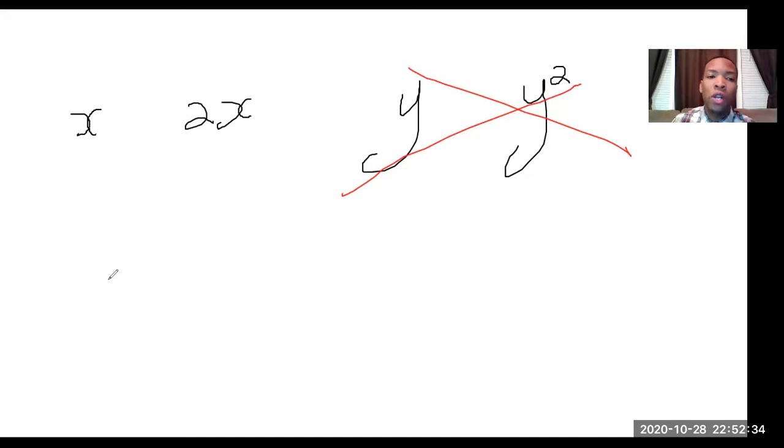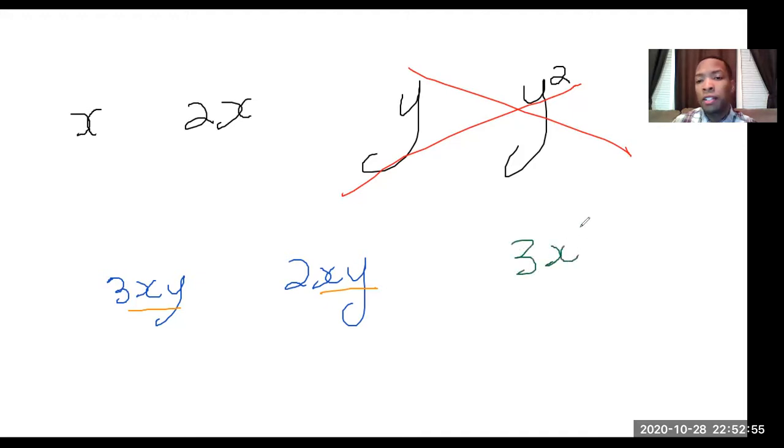If I look at 3xy and 2xy, those are similar terms because they both have xy. Okay, let's do another example. What if I had 3x squared and 5x squared? Those two terms are similar and they're like terms.